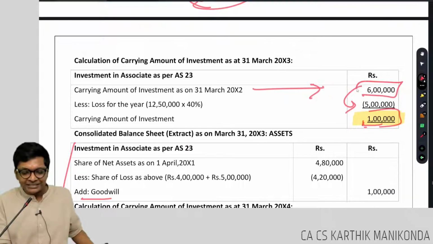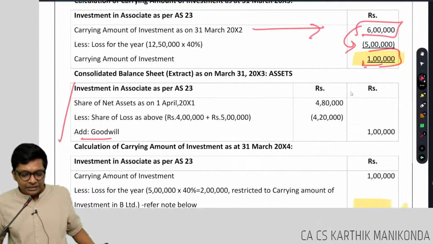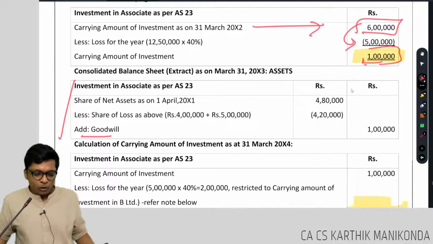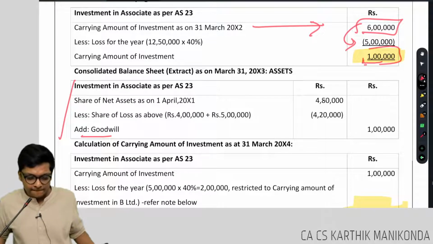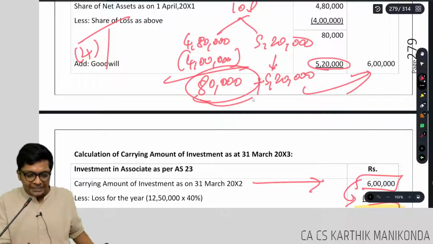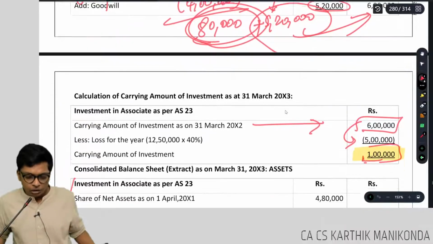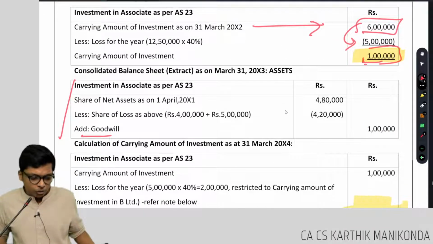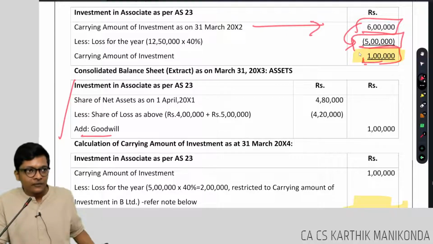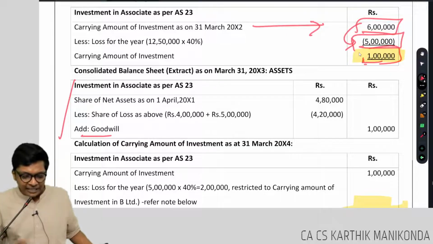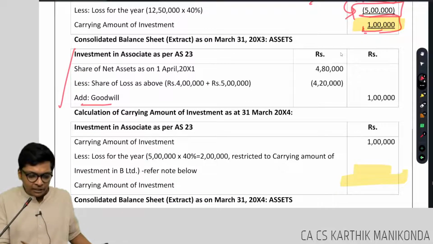Opening value is 6. Then this 6, what was the breakup that we had? 80,000 and 5 lakh 20. So here if you see, next year losses 5 lakhs. In that 5 lakhs, what he is doing?